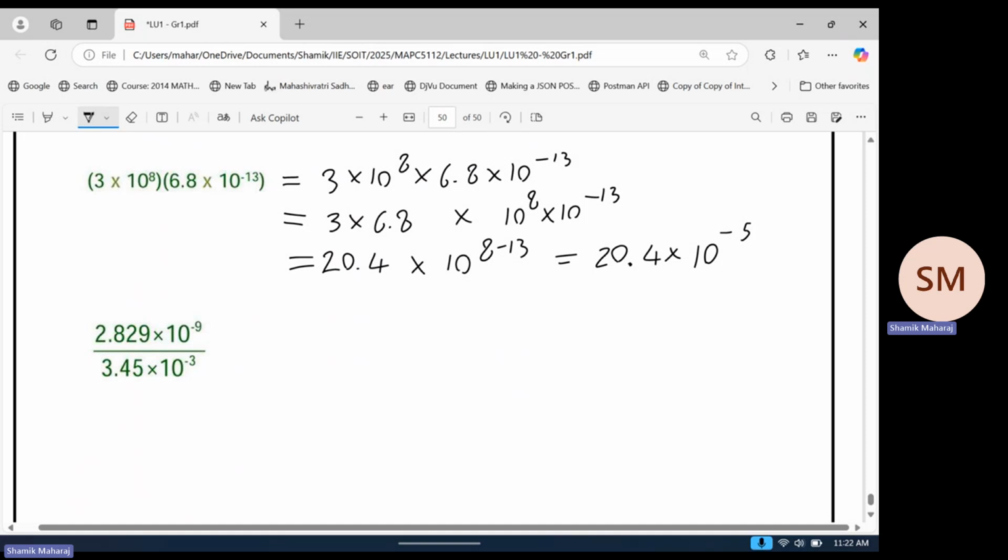You can also write 20.4 in scientific notation by itself and see what exponent you get, then include that exponent with the one we already have. Some people prefer that method. So can I ask you guys, 20.4 by itself in scientific notation, what would that be?